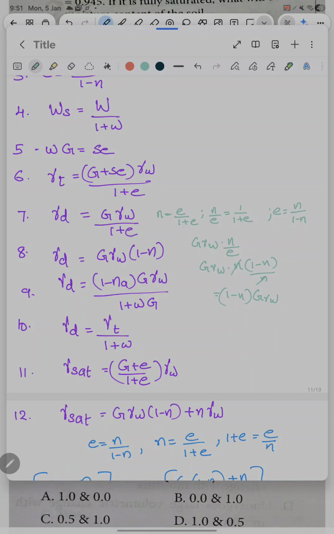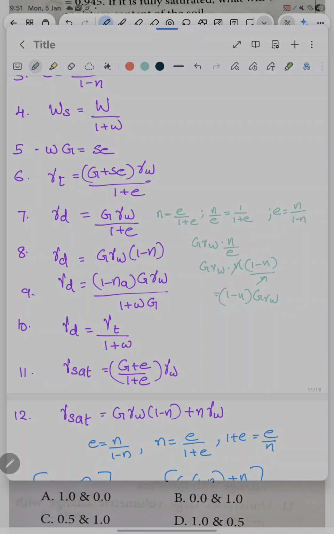Next, in terms of e, n will come. So here we know the equation, n is equal to e by (1 plus e). Here it is 1 by e. So in case of 1 by e, we can write it in terms of n. Every term that has e should be replaced by n.